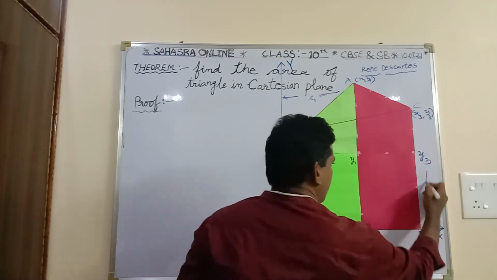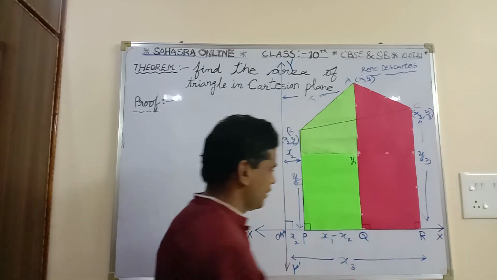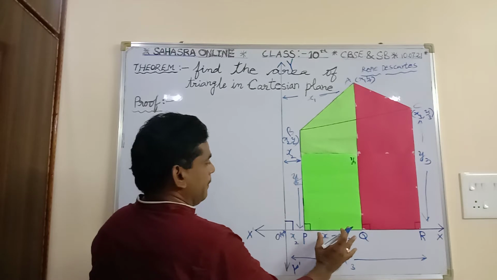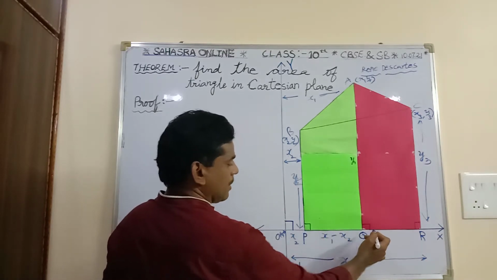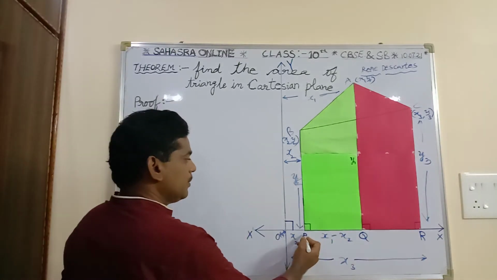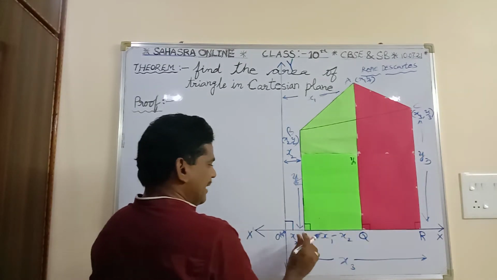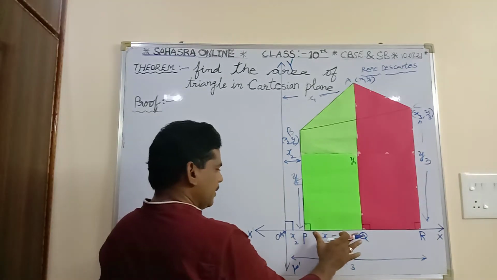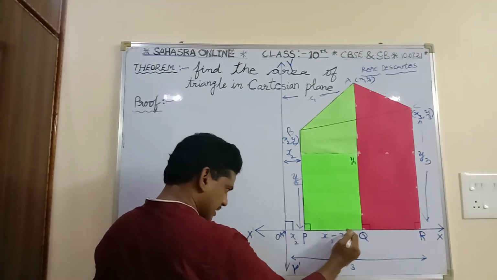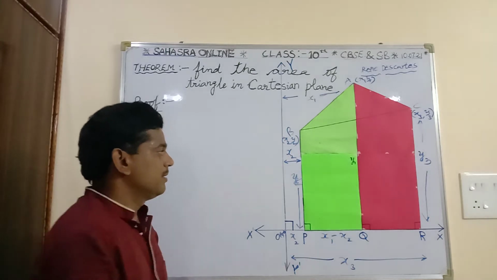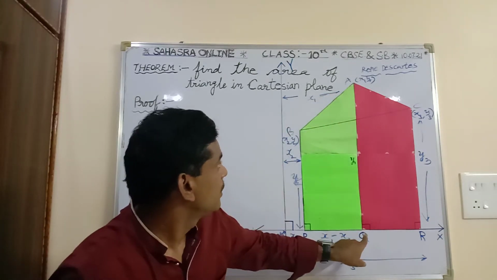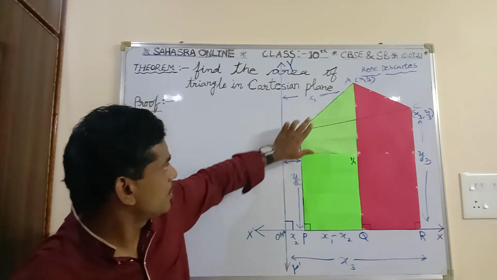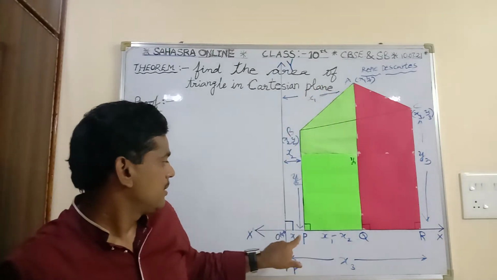Yes. Now let us see. The distance OP is x2. Similarly, PQ is, how will you get PQ? PQ is x1 minus OP. You know that the distance from O to Q is x1, and OP is x2.